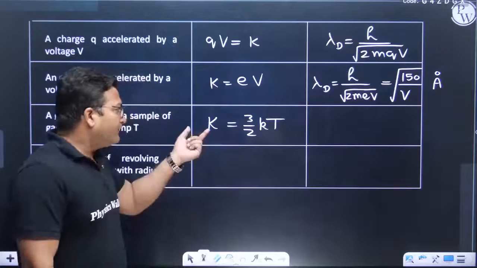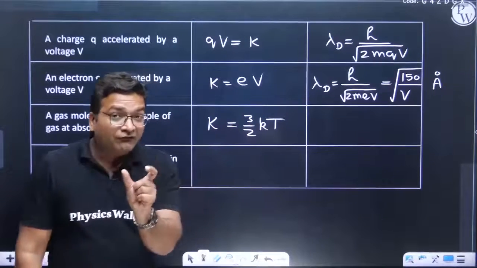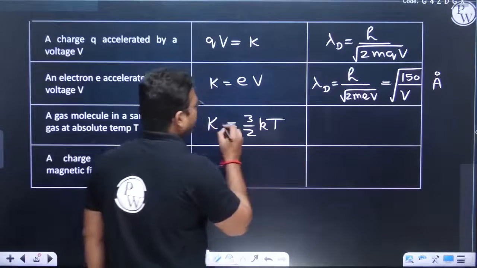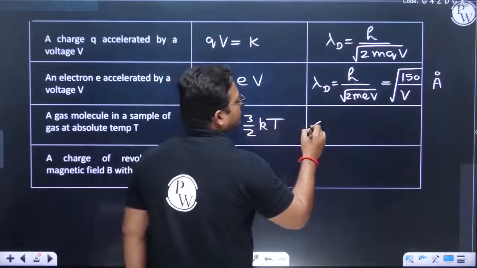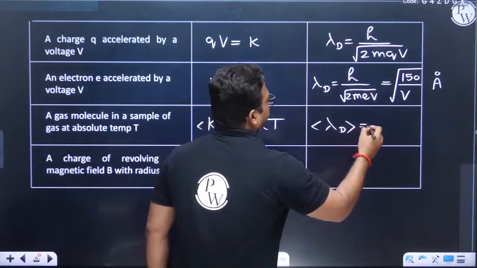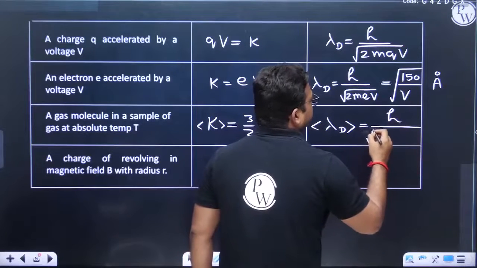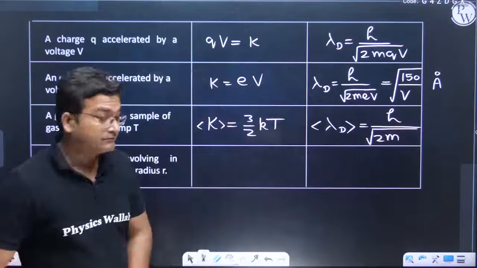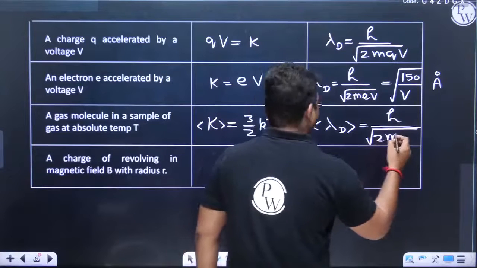So if average kinetic energy is this, the average de Broglie wavelength, let me put an average sign, can be given by h divided by the square root of 2 times the mass of the gas molecule times the average energy, which is 3 by 2 kT.